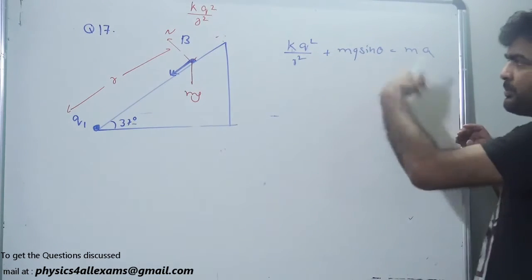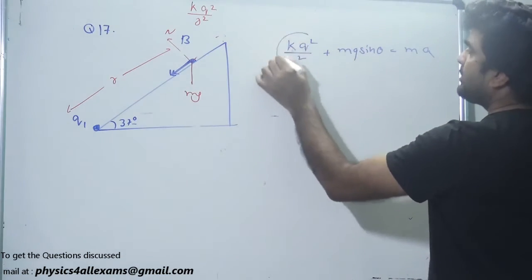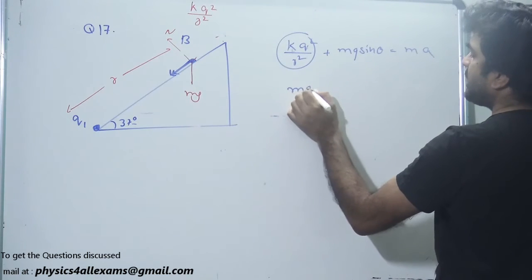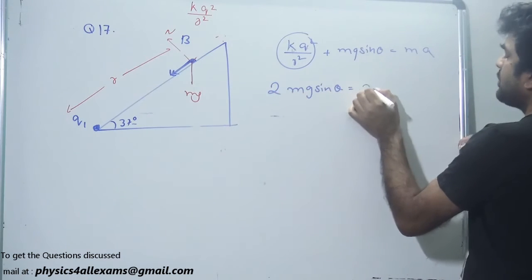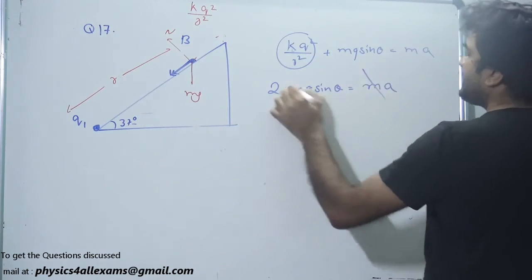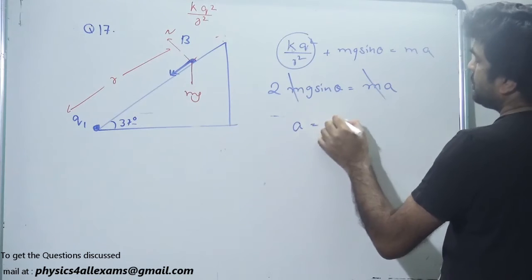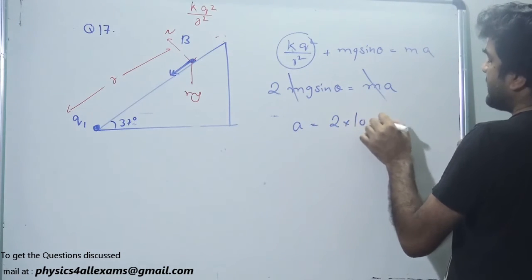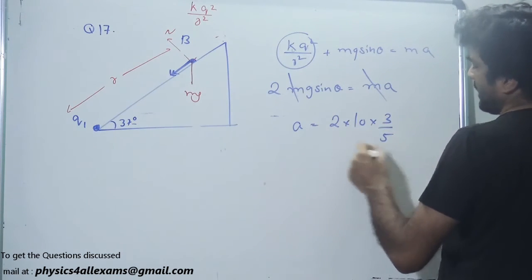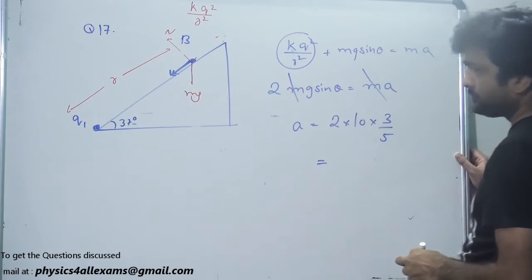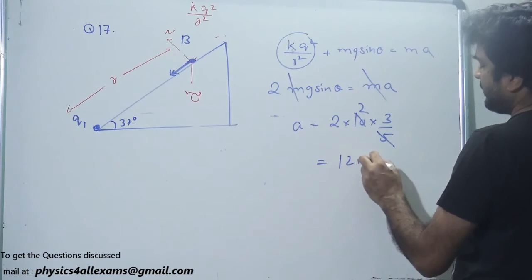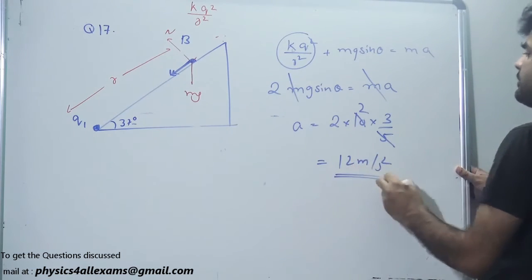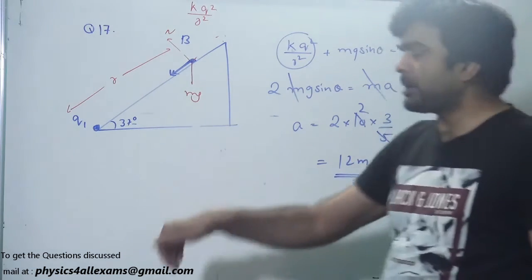So we can simply put kQ^2/r^2 equal to mg sin θ. So we will have mg sin θ + mg sin θ = ma, and this will cancel m, and a will be 2 × 10 × sin θ, which is 3 by 5. 2 will cancel, 4 into 3, 12 meter per second square. This will be the downward acceleration of the charged particle.